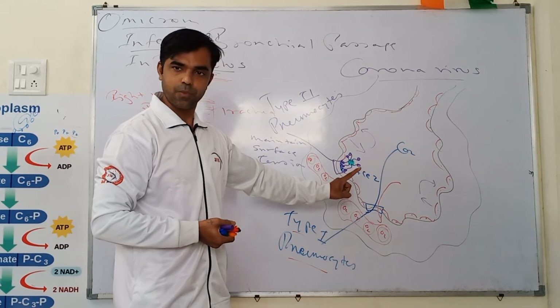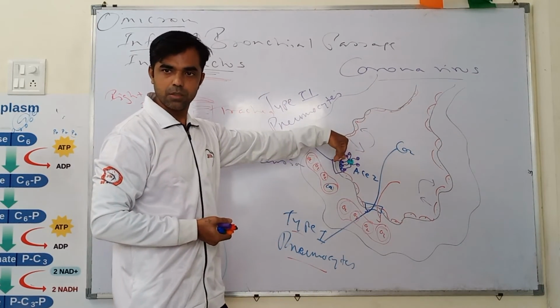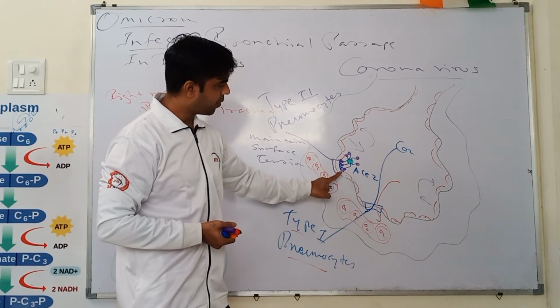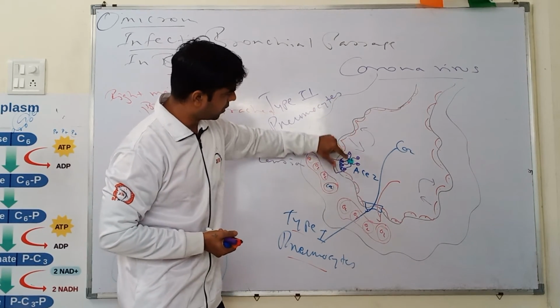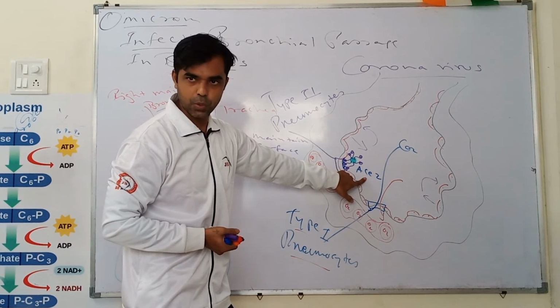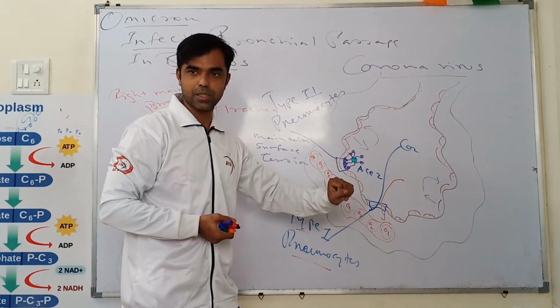So earlier, whenever coronavirus entered, not Omicron, coronavirus entered, it stuck onto this ACE2, angiotensin converting enzyme 2, and collapsed the surface tension, right?